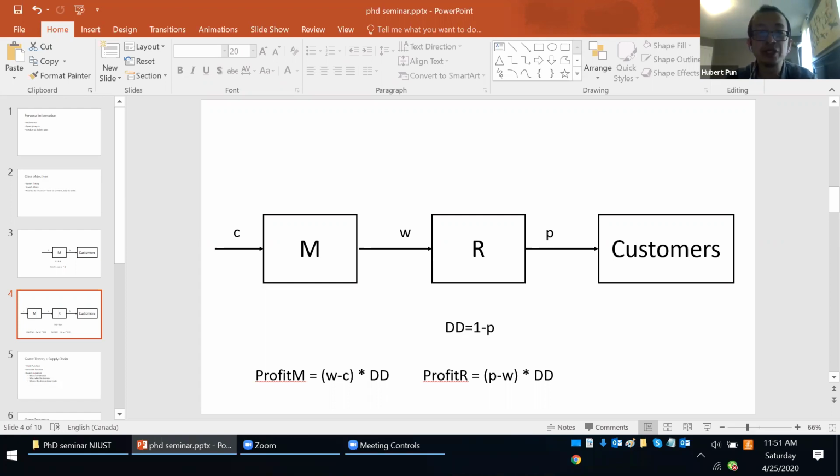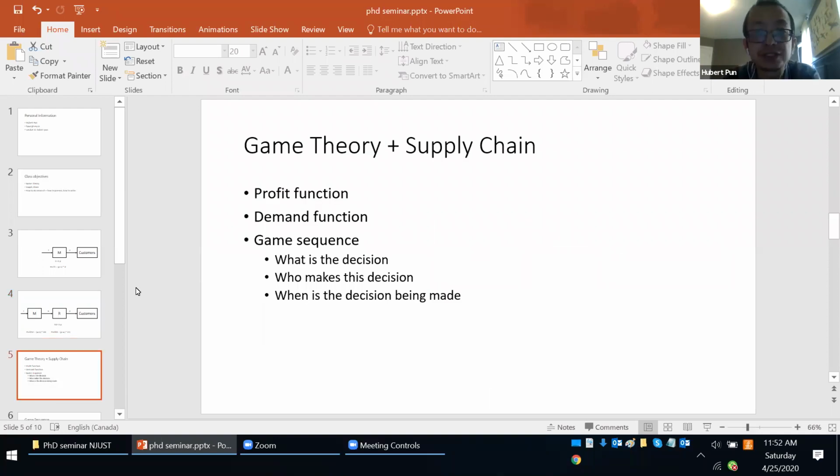So then what we use is a technique called game theory applied to supply chain. In game theory, there are three things that are very important. The first thing is the profit function.